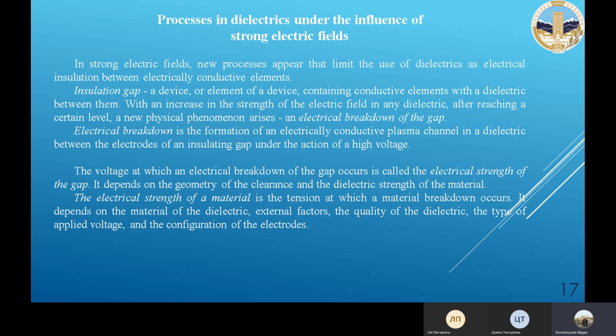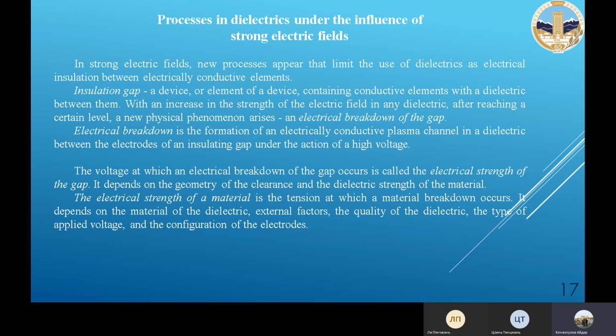After disconnecting the insulating gap with the liquid or gaseous dielectric from the voltage source, the discharge channel in the liquid and in the gas disappears, and after a certain time the voltage can be applied to the device again.